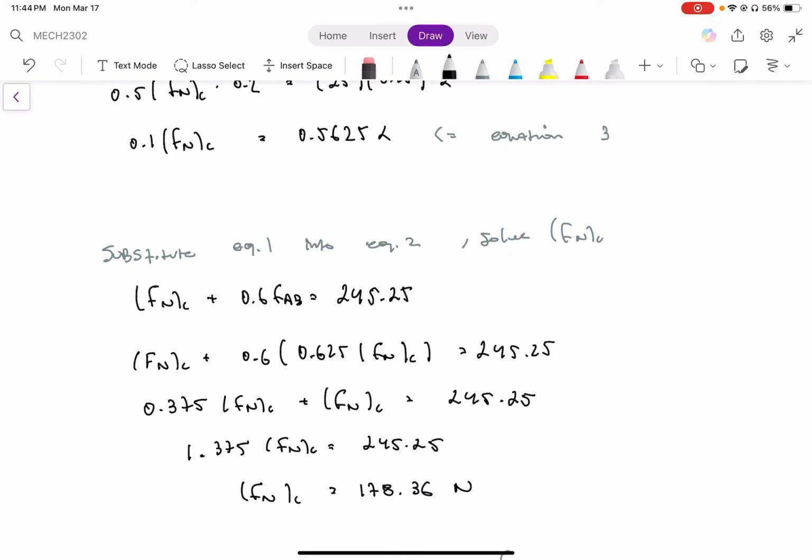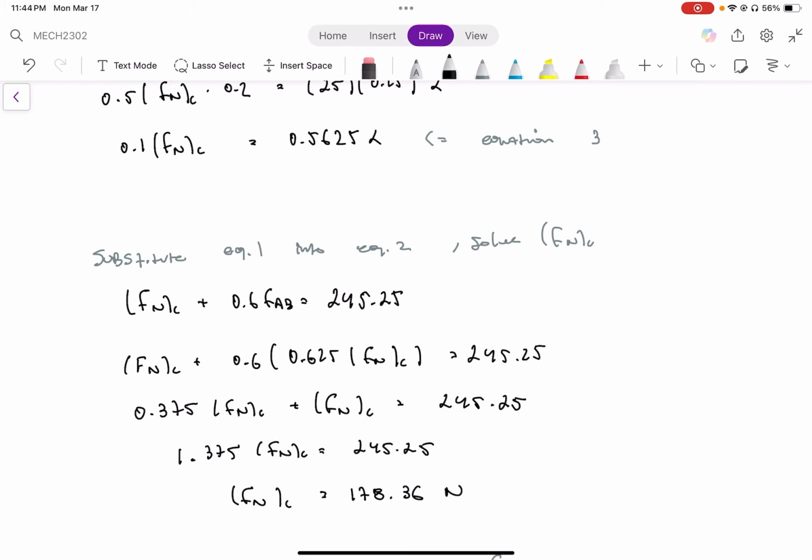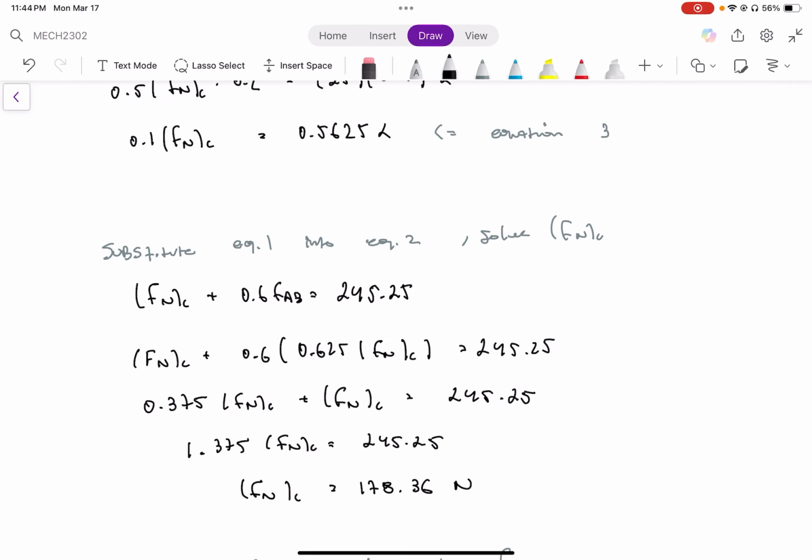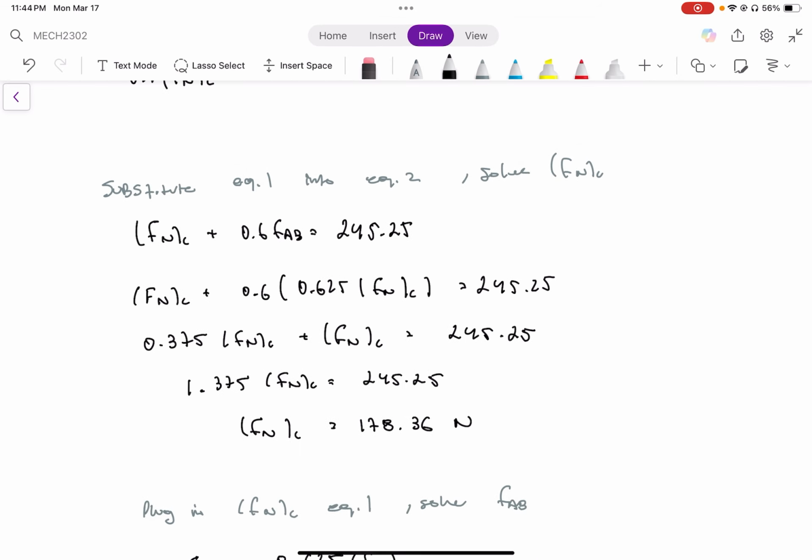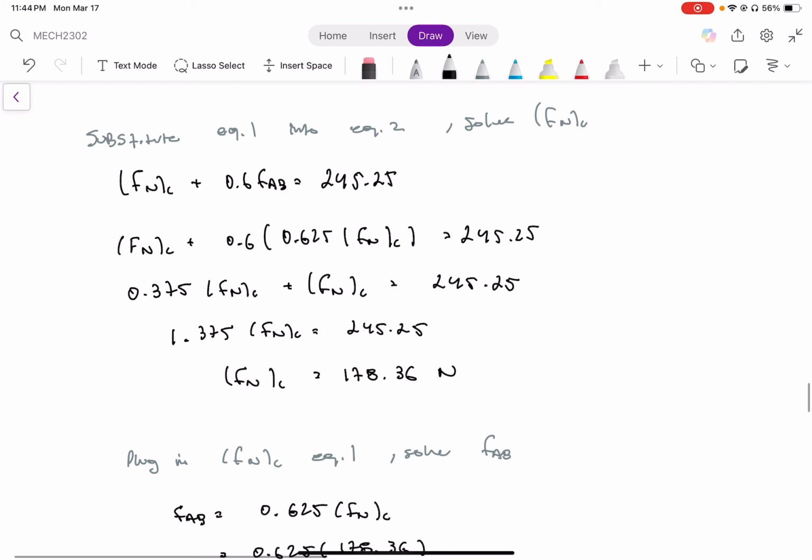Substituting equation one into equation two, we solve for the normal force at C. Here is equation two, and we substitute equation one right here. Here we have all the normal force terms. We add them up and divide by 1.375 on the other side. We get the normal force equals 178.36 newtons.